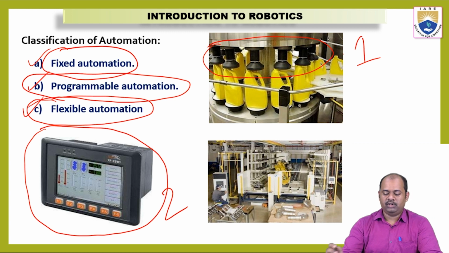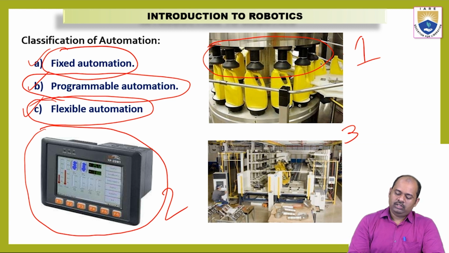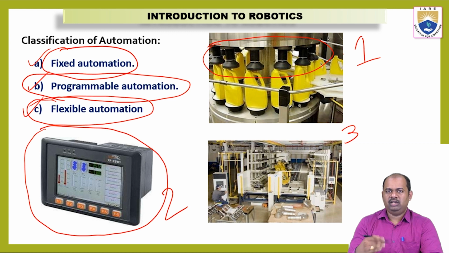And here, the third type is flexible automation, where we have many machines working in union, all controlled by a common control sequence. This entire system can be used for manufacturing any kind of object.